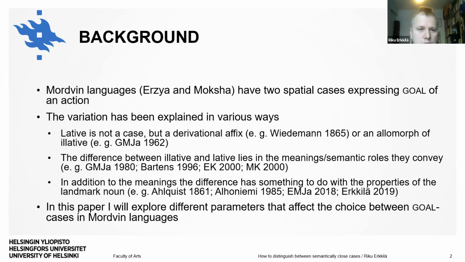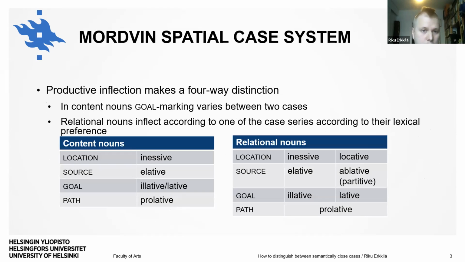But first, here are the spatial case systems. There are two paradigms, one for content nouns, where there is one local, one source, and one path case, and two goal cases.